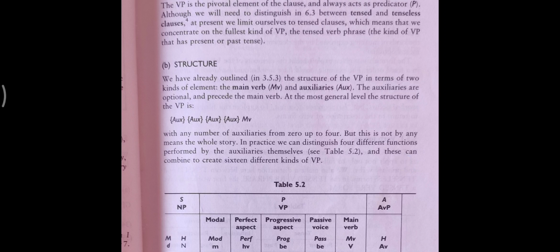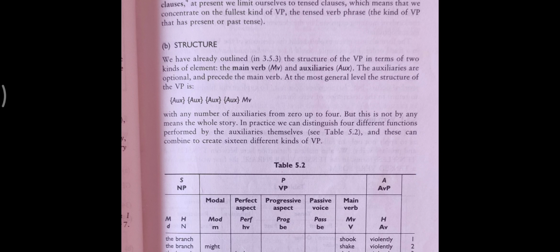We have to concentrate on the tensed verb phrase because that has present or past tense. If we see the structure of the verb phrase, there are two types of verbs: operator or auxiliary verbs, and main action verbs, that is main verbs.